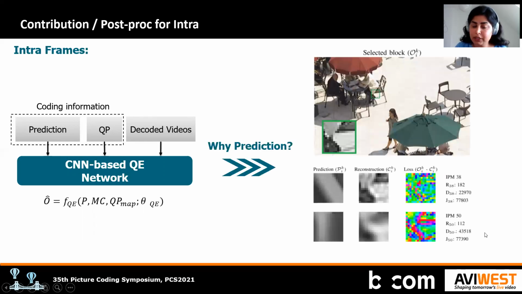So why can prediction information of inter-coded frames be beneficial here? Here there is an example of two reconstructed blocks coming from two different predictions.